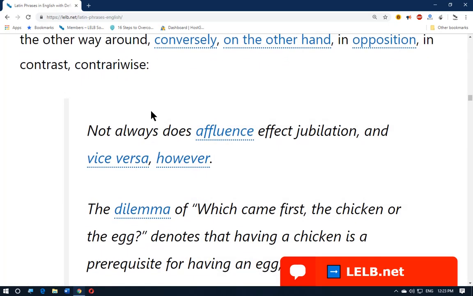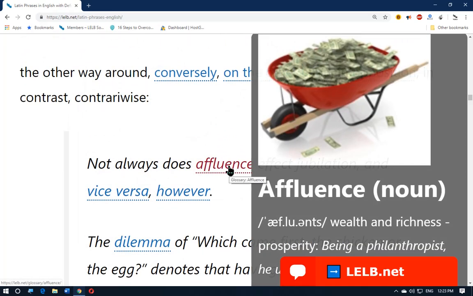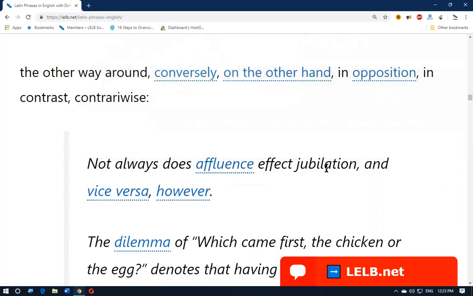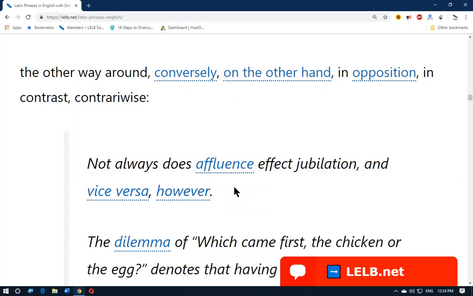Not always does affluence or riches, wealth, effect jubilation, and vice versa, however. So, pay attention to this structure. It's not a question, it's a statement, but an inverted statement. So not only after these somehow negative and too strong adjectives, you need to invert the format of the sentence and change it from a statement into a question.